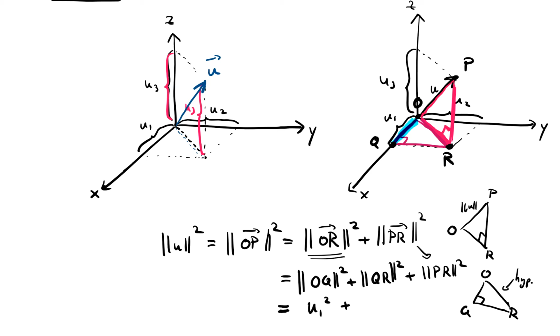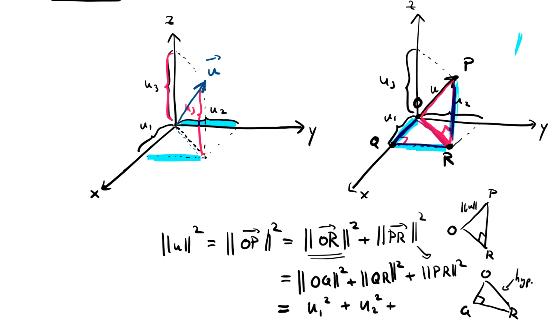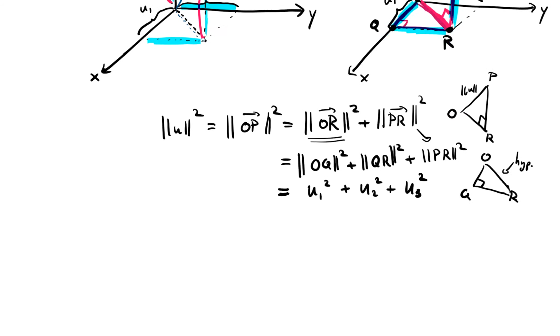QR is where? QR is this, that's U2, it's this side, right? These two sides, they match. So U2 squared, and what's PR? PR is this. It's just because the colors overlap. That's PR, and PR matches this, right? So PR is U3.